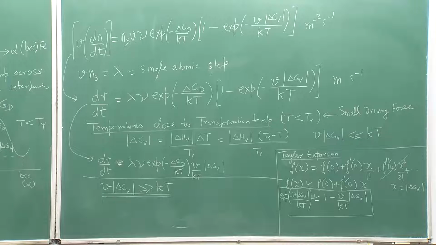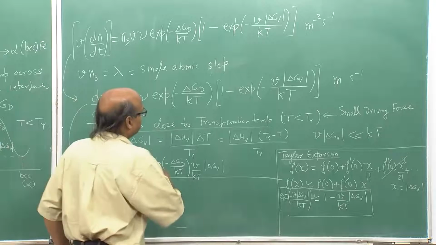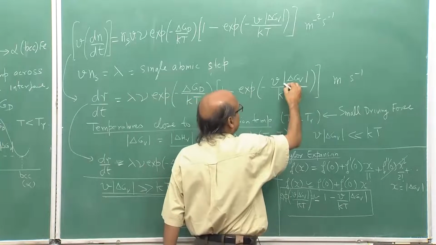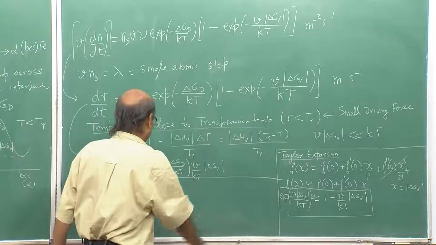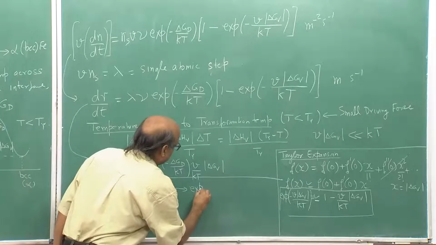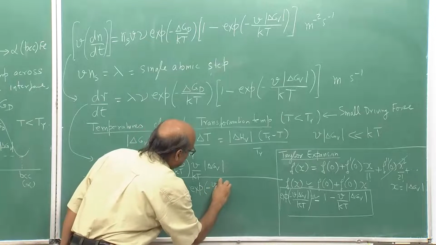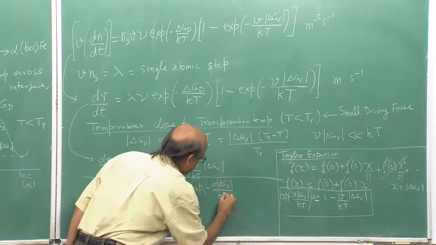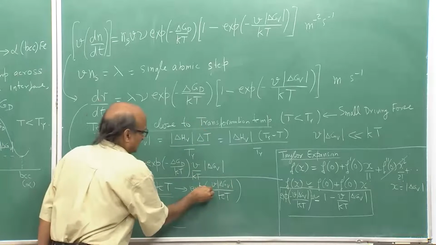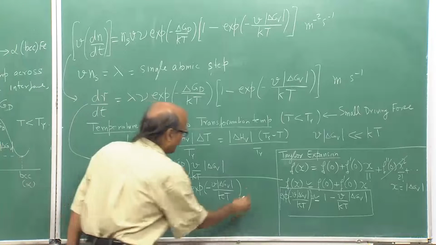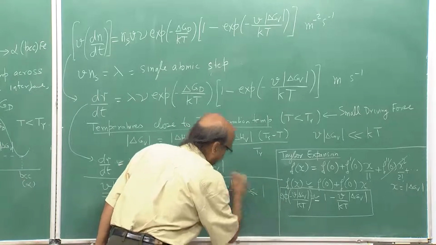If this happens, then what about the term exponential minus v delta GV upon kT? Well, since there is a negative exponent, this is going to be much smaller than 1.